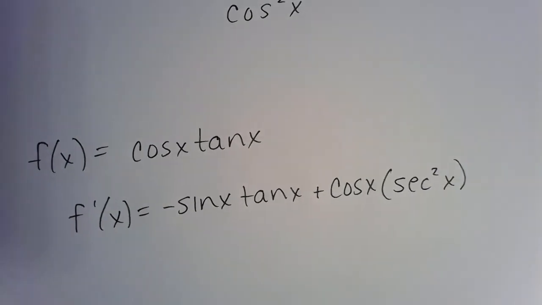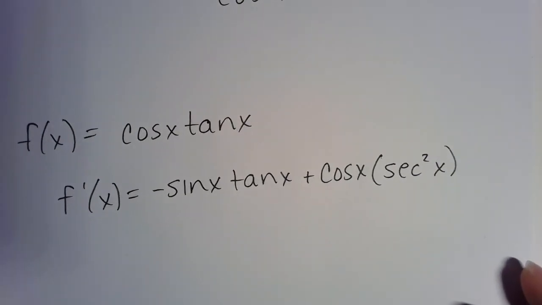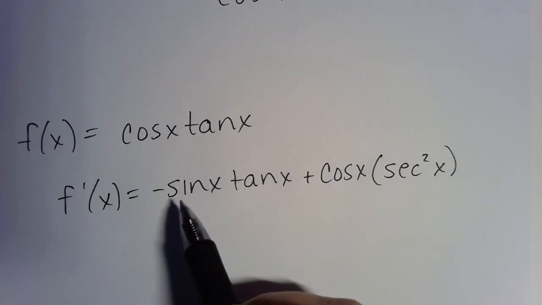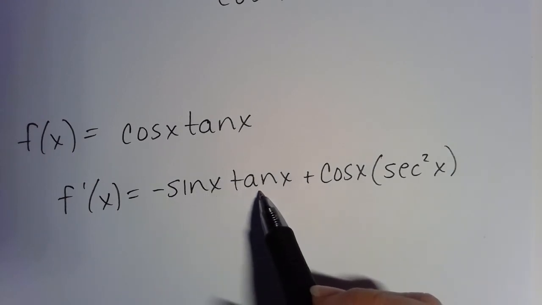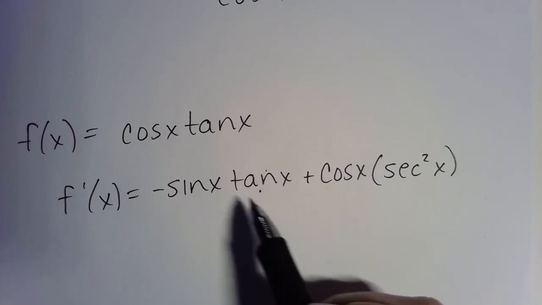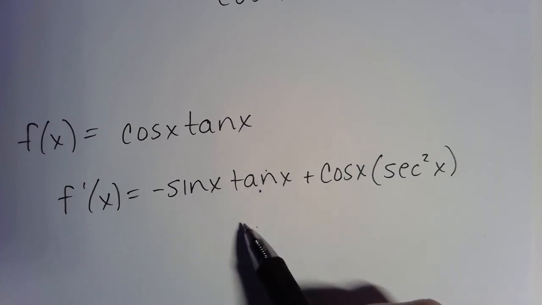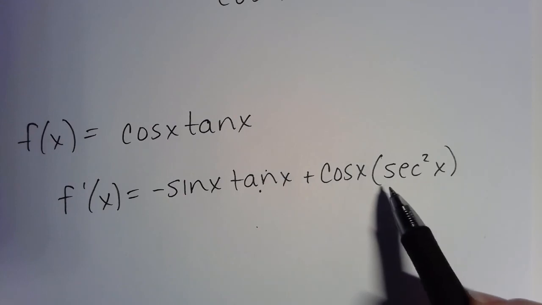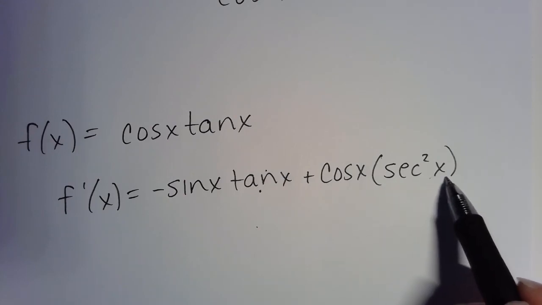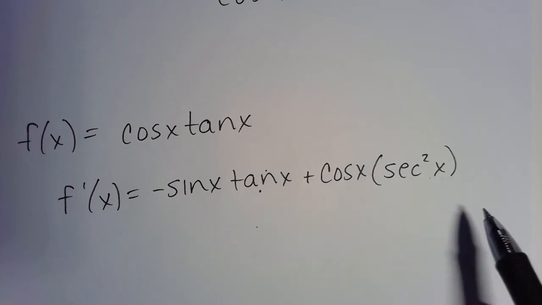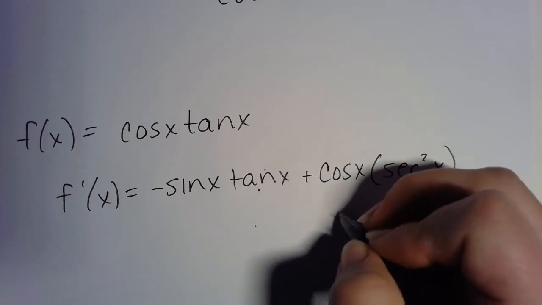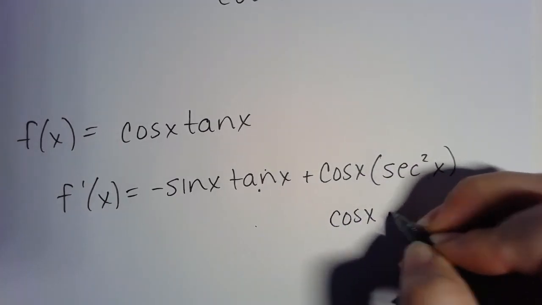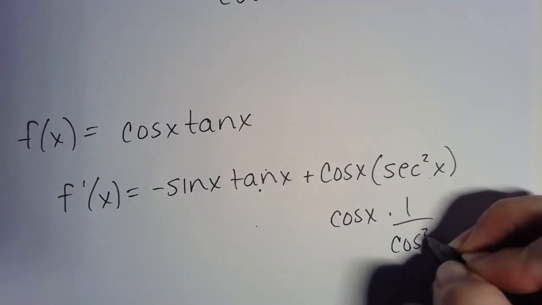Now, there's all kinds of simplification that I can do in some of these. Really, there's not a whole lot on this first part, because if I change tangent into sine over cosine, then I'm just going to get negative sine squared over cosine. But this one I could simplify a little bit because secant squared is really 1 over cosine squared. You don't have to do this, I'm just pointing this out, that this could be cosine of x times 1 over cosine squared of x.